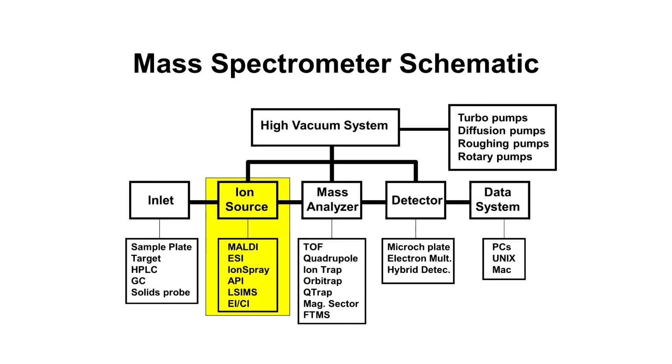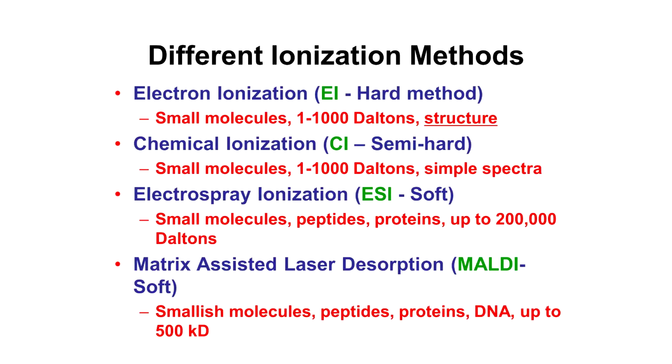So the ion source is critical, and many of the different configurations we have for mass spectrometry have to do with the name of the ion source. MALDI, ESI, API, EI, CI, those are all the different ionization methods that are possible. So electron ionization is a hard ionization technique.